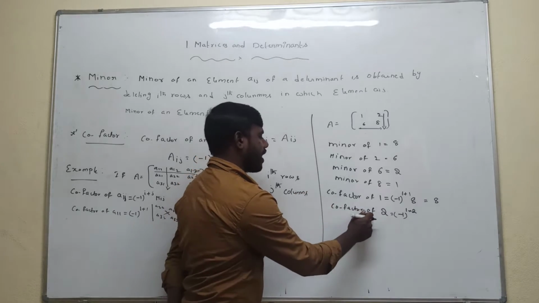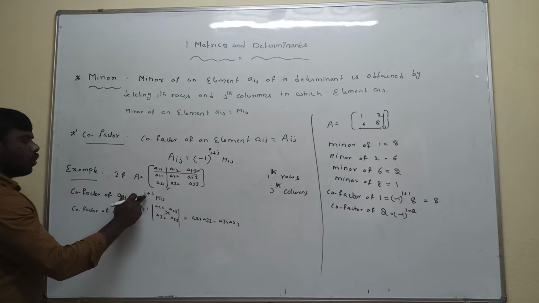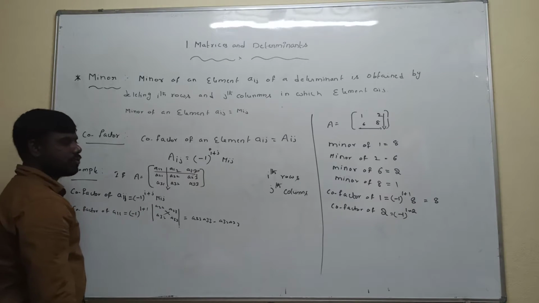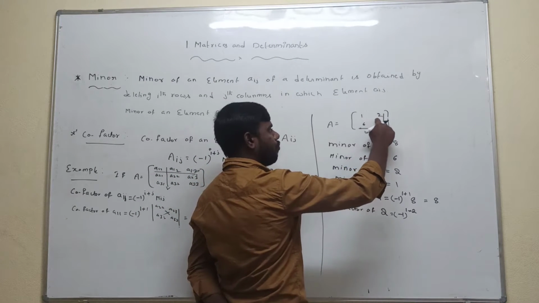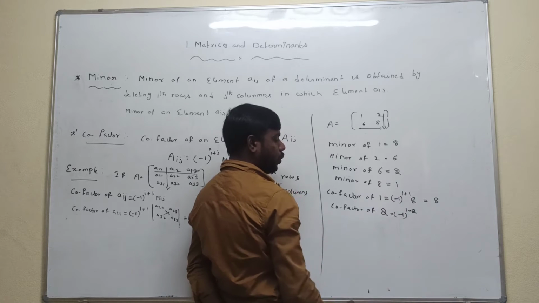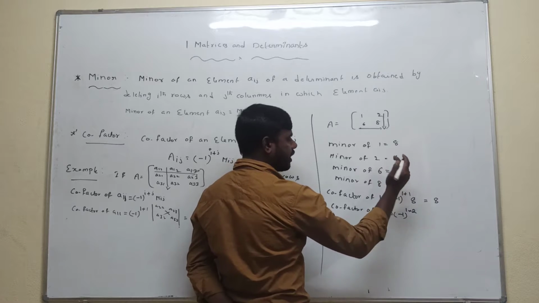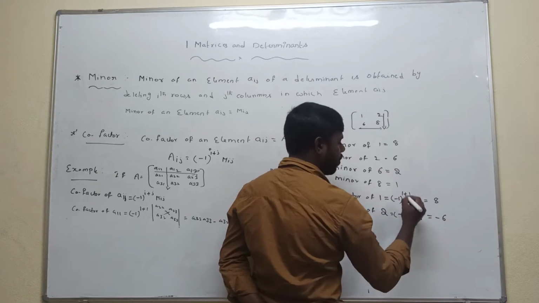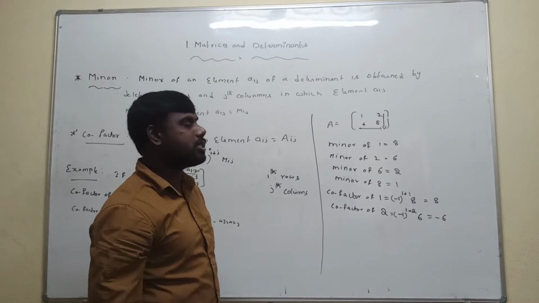That's why the cofactor of Aij formula is minus 1 whole to the power of i plus j into the minor Mij. So for cofactor of 2, the first row is 1 and the second column is 2. Minor of 2 is 6, so the value is minus 6, because minus 1 cubed is negative 1. Minus 1 into 6 is minus 6.